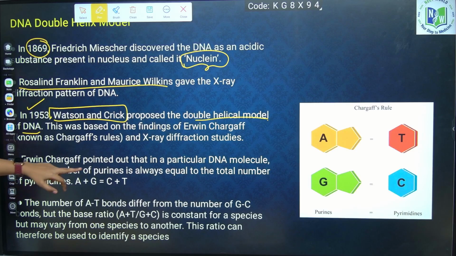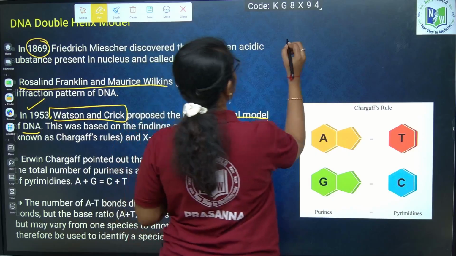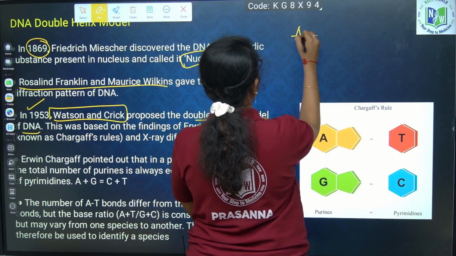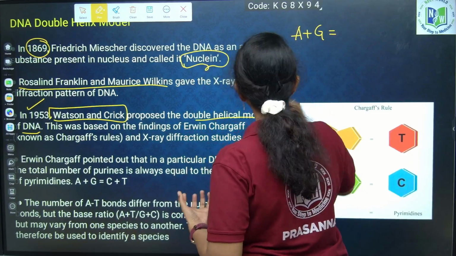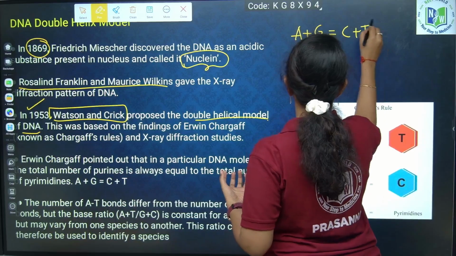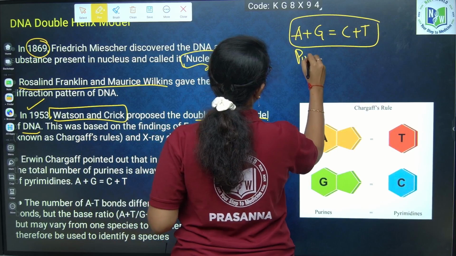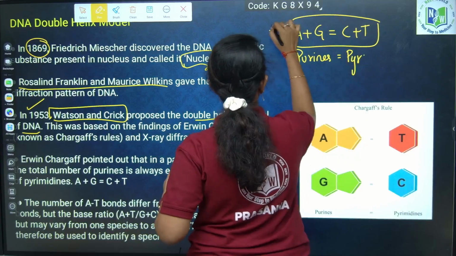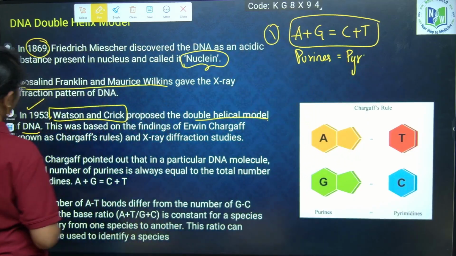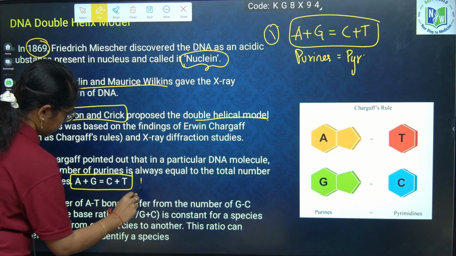It says that a double stranded DNA has a total number of purines, that is adenine and guanine, equal to the total number of pyrimidines. This is the first point you need to remember, derived from the double helical model given by Watson and Crick.